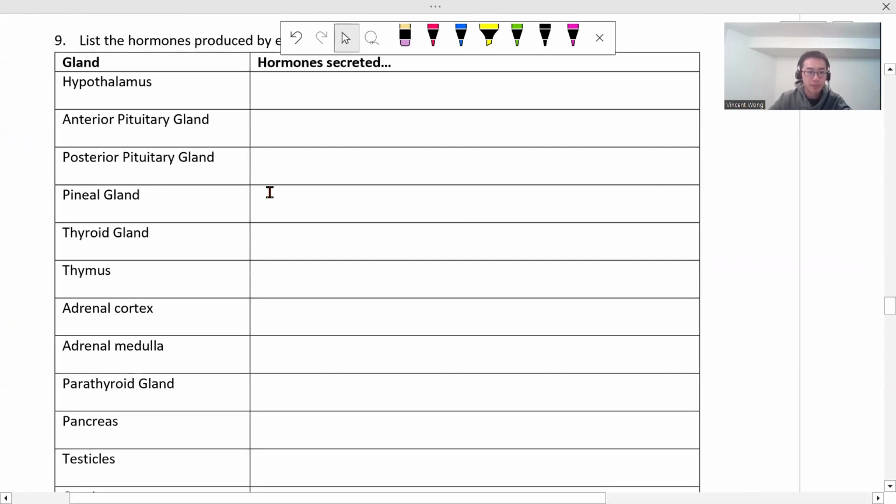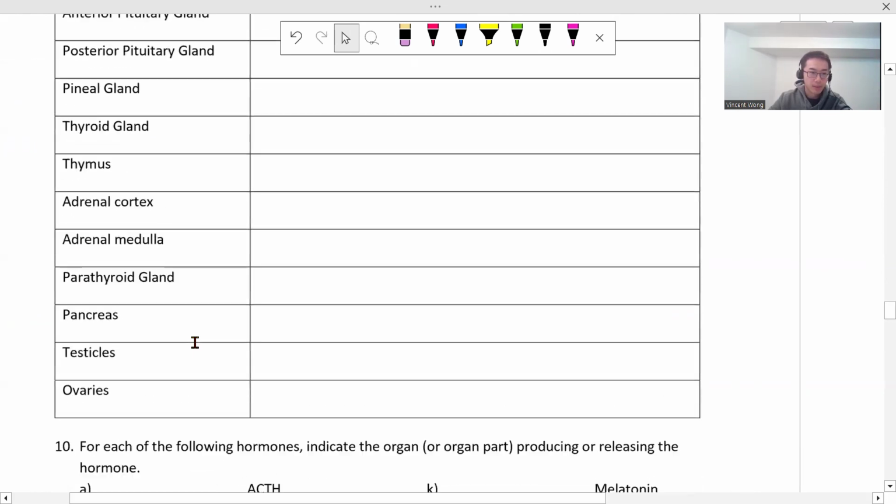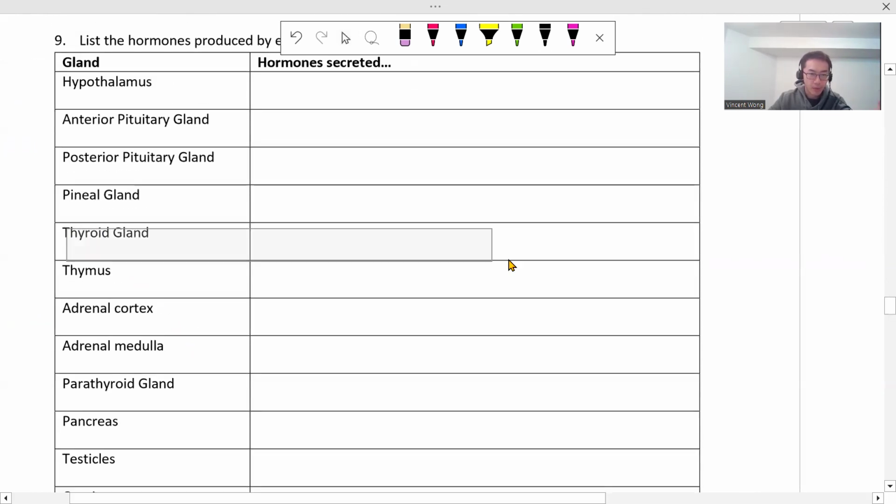For example, let's randomly pick one here: the thyroid gland. What hormones are secreted from the thyroid gland? Off the top of your head, do you remember the 3 hormones coming from the thyroid gland? Anybody? Calcitonin, that's one of them. What else?